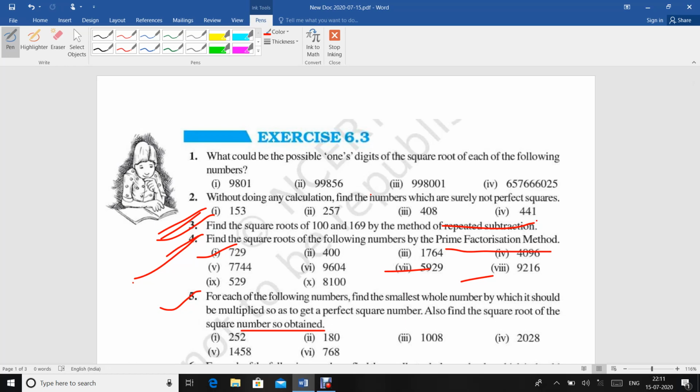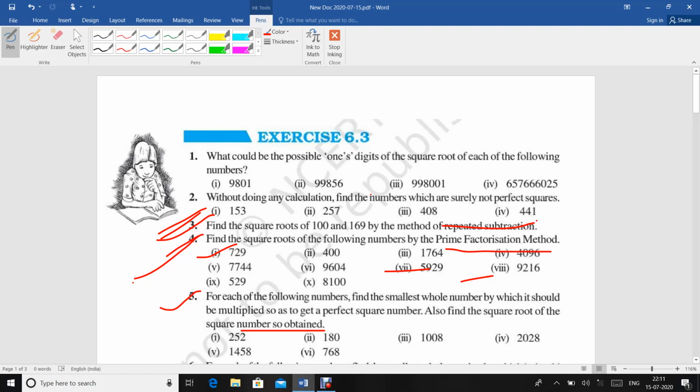After that you have to tell what number we have to multiply to make the number a perfect square. After making the number a perfect square, we have to find out its square root.